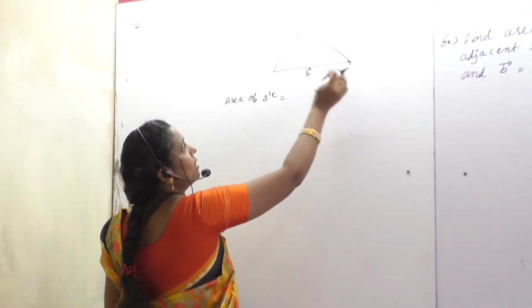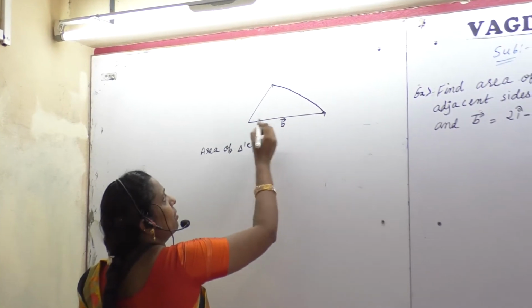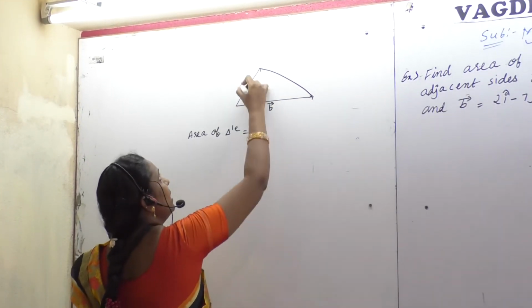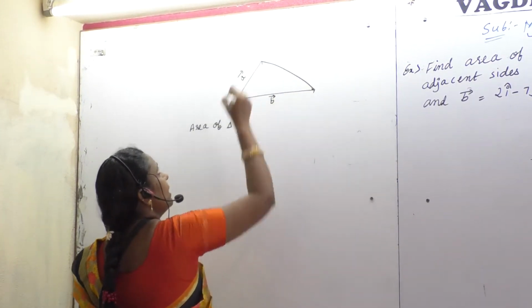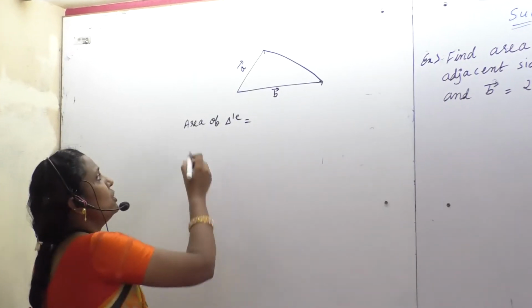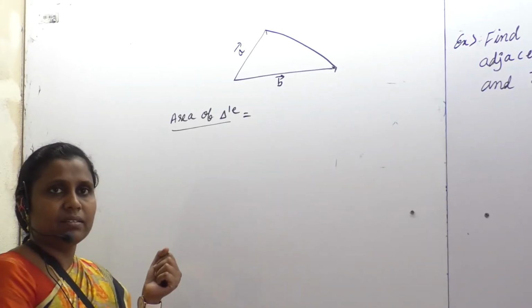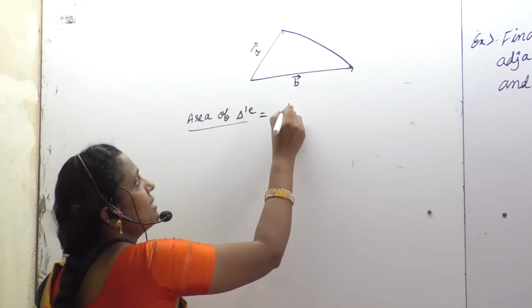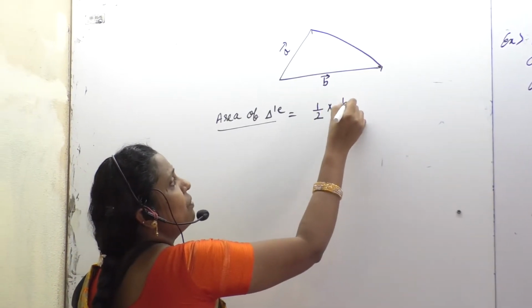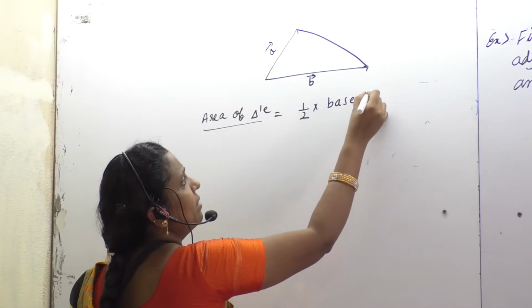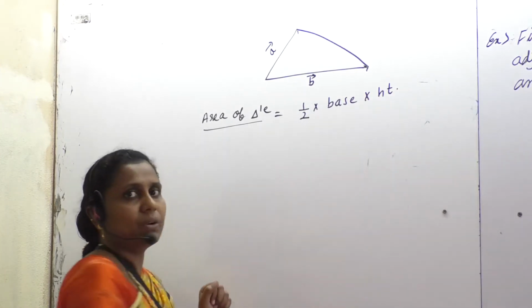Take the triangle with the vectors B, and here I will take the vector A. Okay. As you know, area of the triangle, since elementary classes we are studying, is given by half into base into height. Am I right? Yes? Okay.